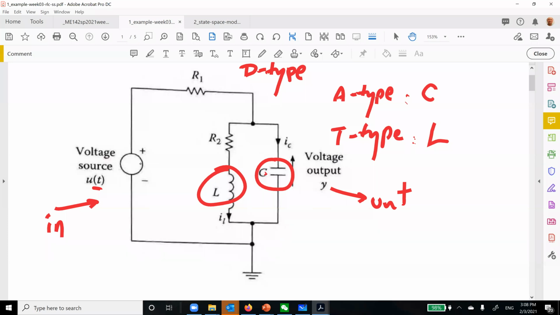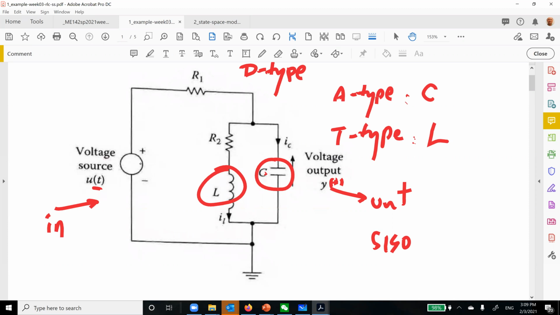So if I change my u(t) in, then the y(t) will also be different, right? So this is called a system with one input and one output, also called a SISO system, single input, single output, okay?